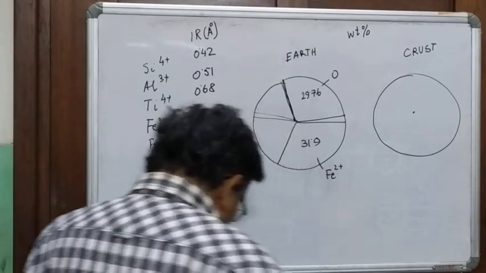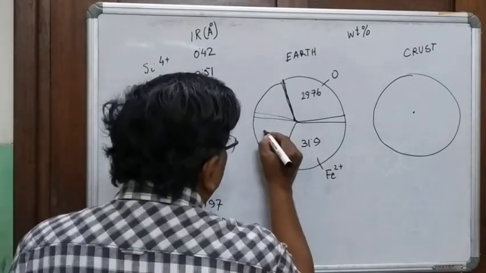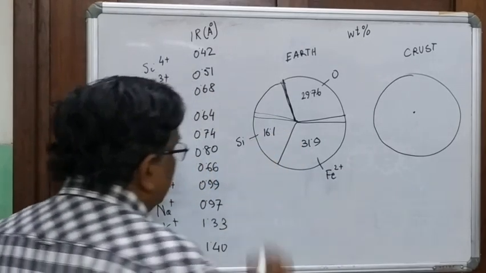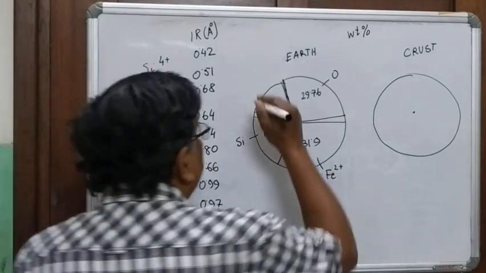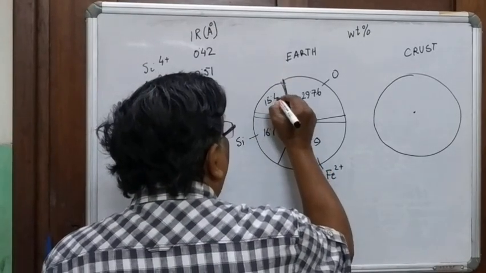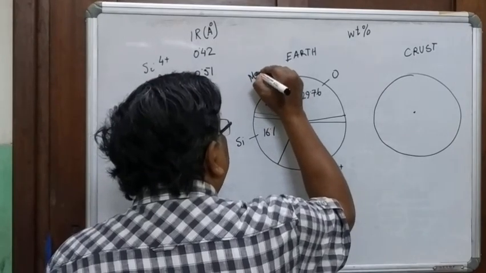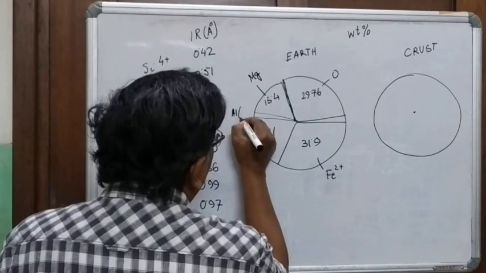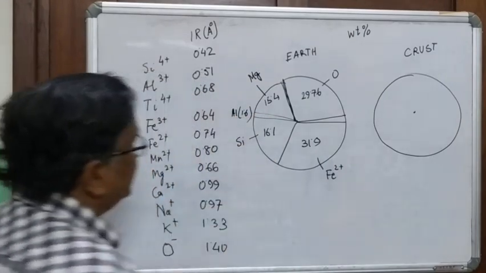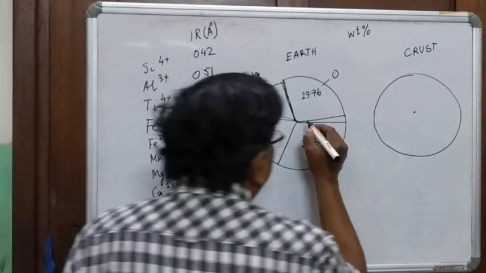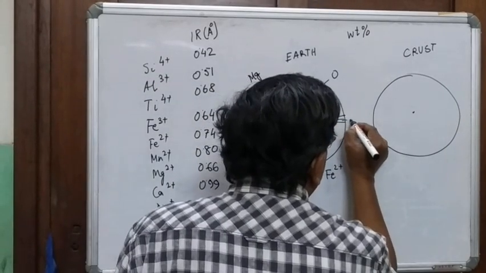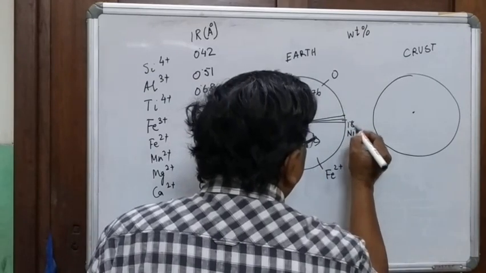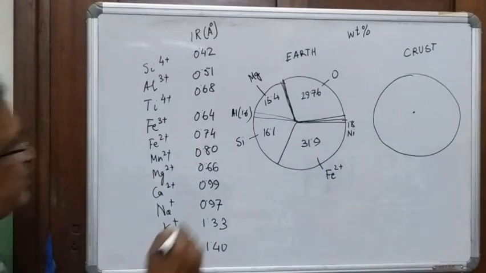And silicon, this is 16.1%, and this is magnesium, 15.4%. This is aluminium, 1.6%, and here you have different other elements. 1.8% is nickel. So this is that of Earth.